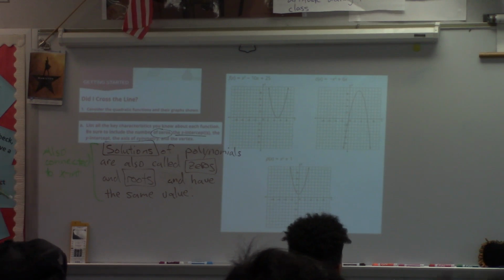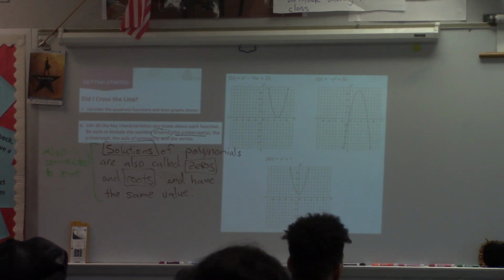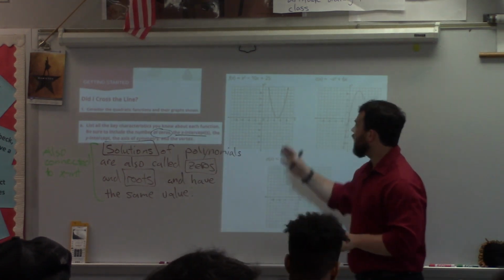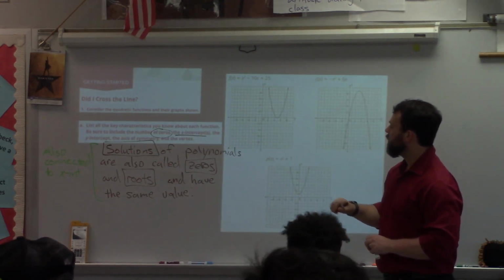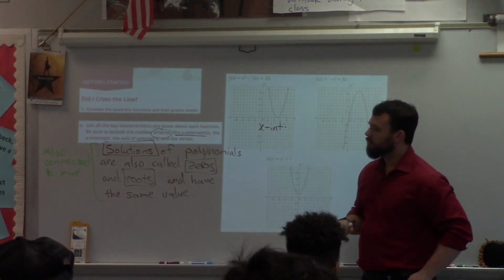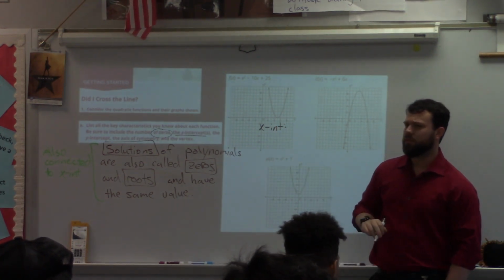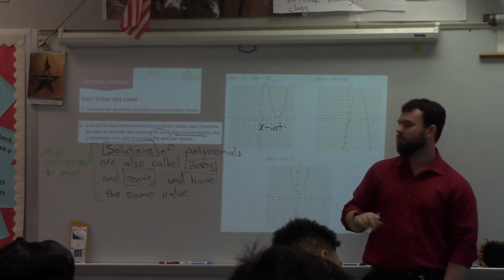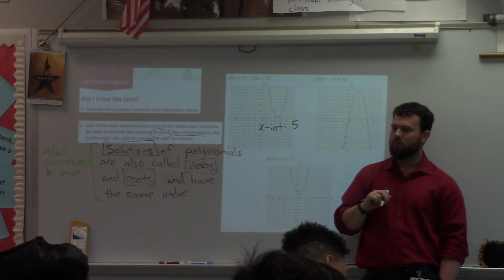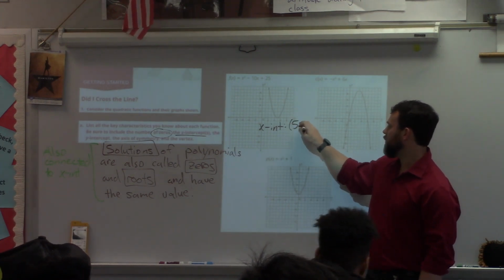So these solutions, zeros, roots, they are all connected to the x-intercepts. So let's look at f of x. When I look right here at f of x, what's the x-intercept? It's 5, comma 0.